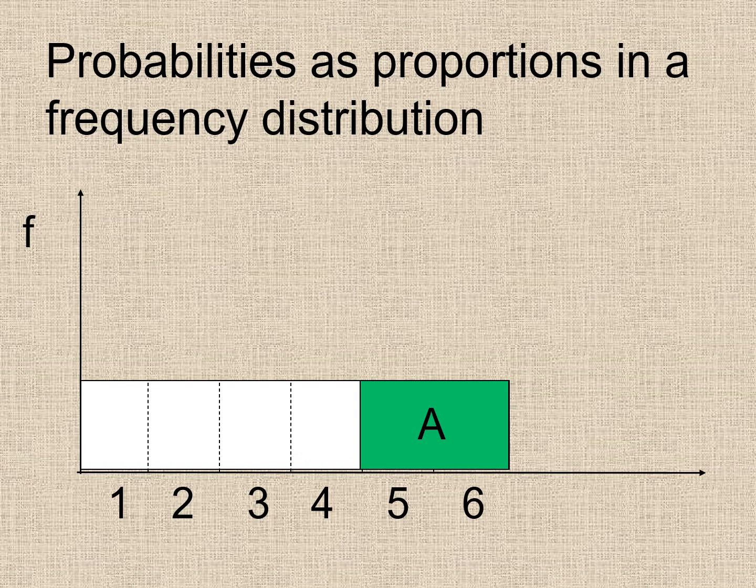The number of possible outcomes corresponds to the size of the full frequency distribution here. And of course, if we take the size of area A divided by the full frequency distribution, we will receive the same probability of 33%. So what this shows is that proportions in a frequency distribution correspond to probabilities.